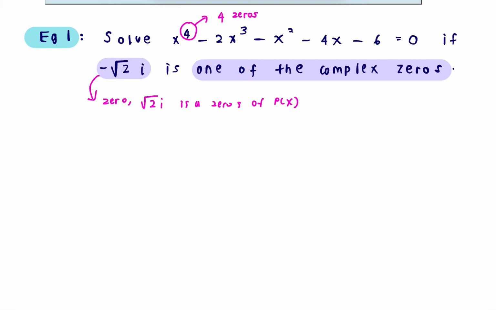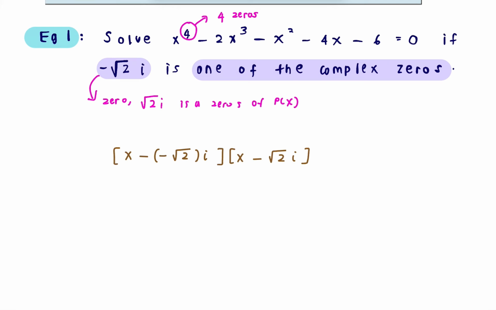You have x minus negative square root of 2i. Let's say that is the first factored form, and the second factored form is x minus square root of 2i.